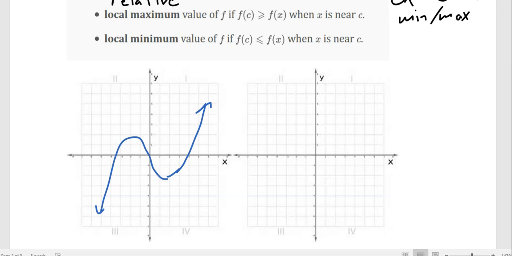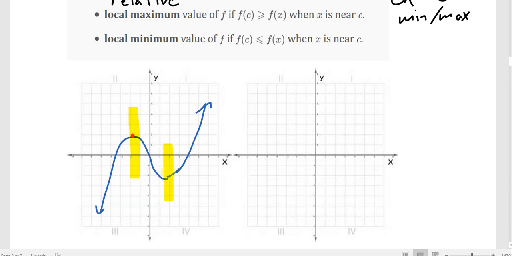So a relative maximum would occur right here, because if you look in a little strip right around it, in that little strip, it's the highest point, okay? That's what we care about for a relative or local maximum or local minimum.